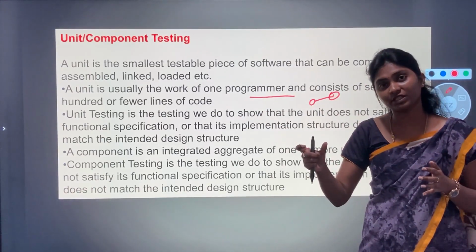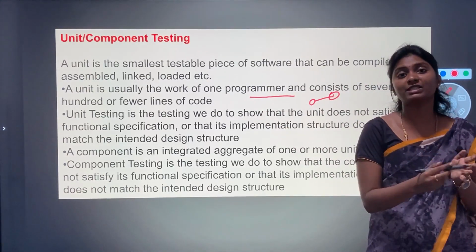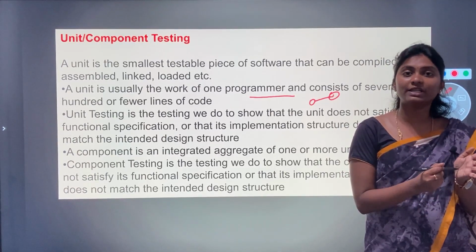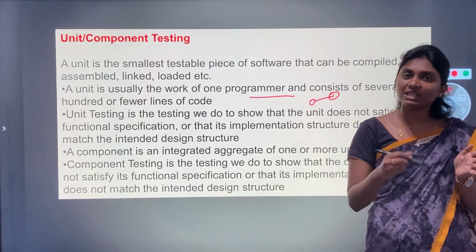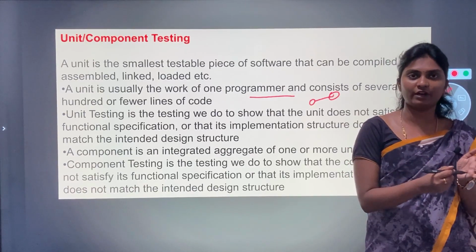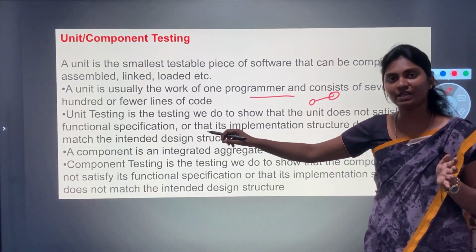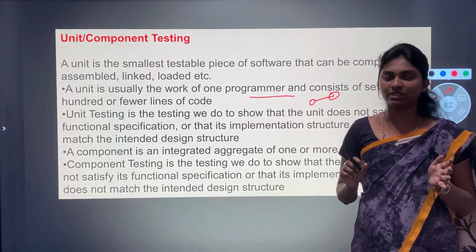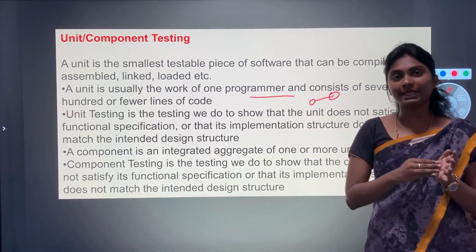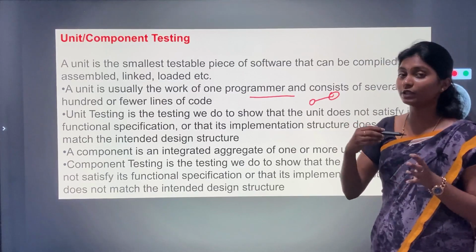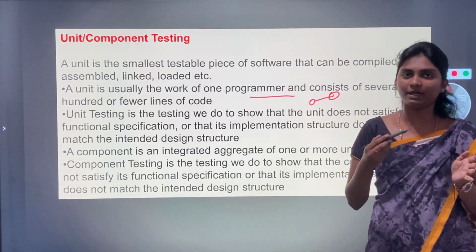Non-functional covers the project size, the speed, or the time limit. These are all calculated in non-functional. Functional means the operations or modules and the testing phases used. So unit testing is also called functional testing, and the functional specifications will be rectified.